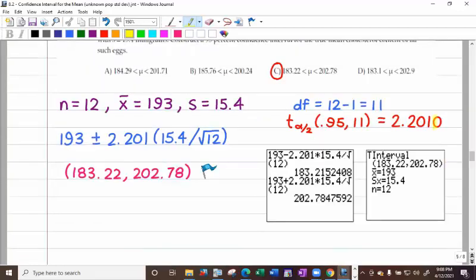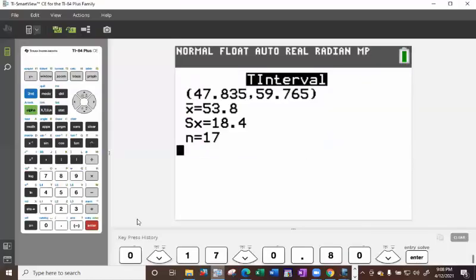So there's where that came from. It's pretty straightforward using the formula. Pretty straightforward as long as you pick T interval.